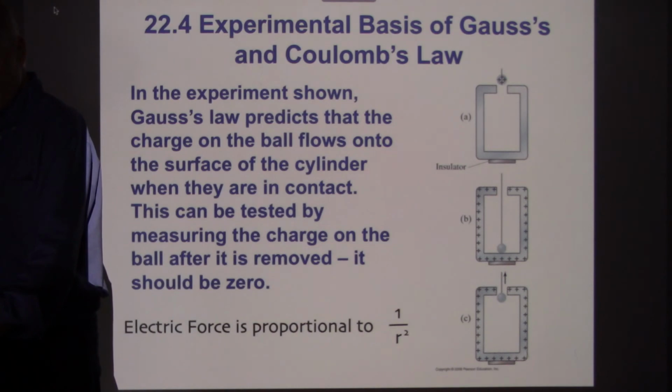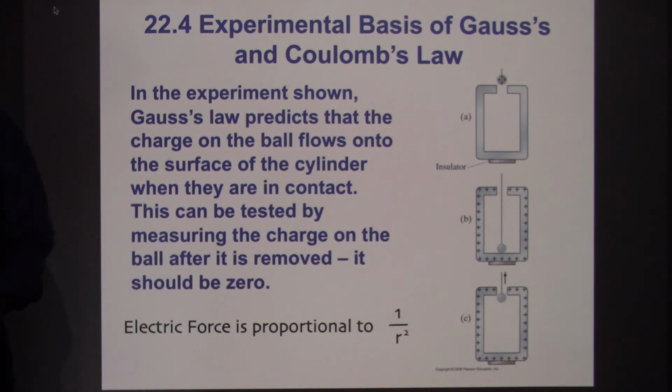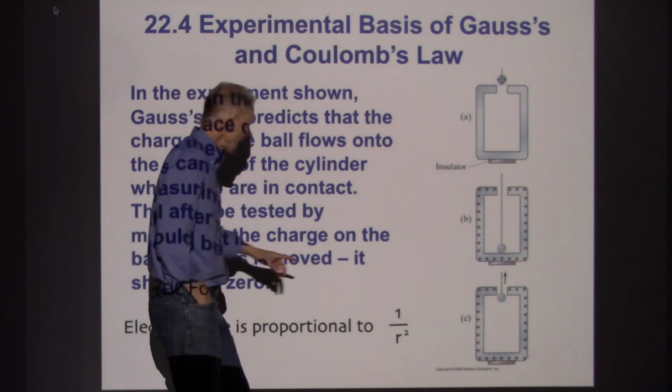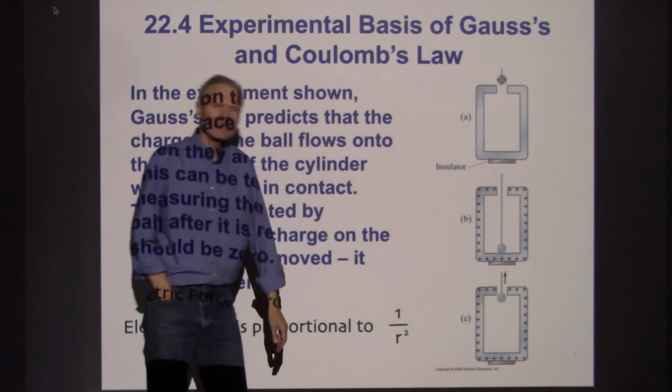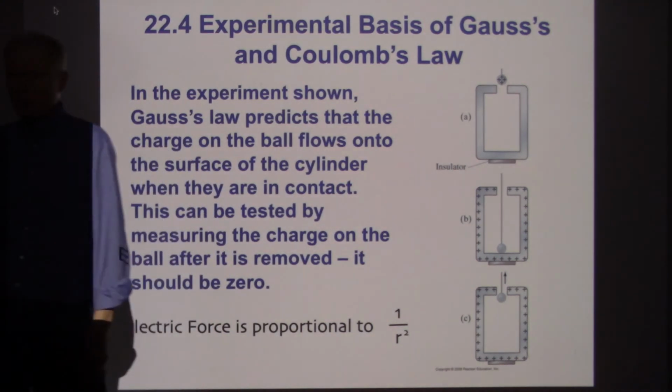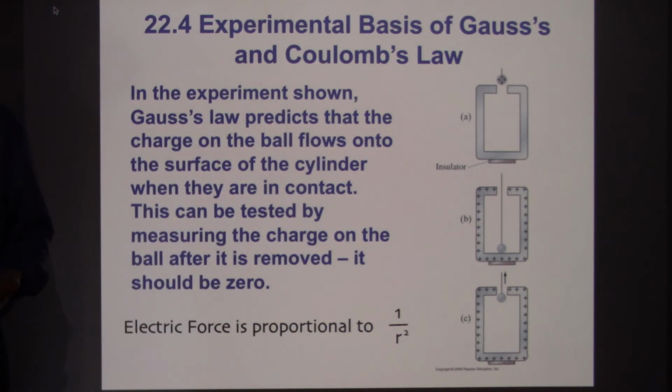Okay. Again, we're getting pretty close to the end here. Here's an experiment that we can actually carry out to verify that the electric force behaves like 1 over r squared. What we've been saying with this chapter is Gauss's law works only if the electric force drops off exactly like 1 over r squared.